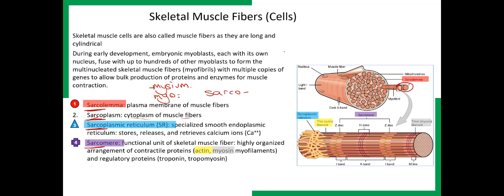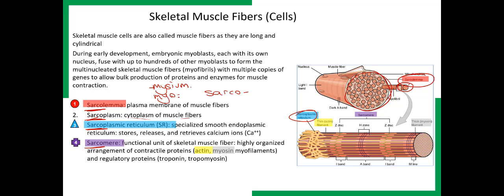You can see the sarcolemma is the plasma membrane surrounding muscle fibers. You can't see the sarcoplasm here, but you can see this network of smooth endoplasmic reticulum, and they help in skeletal muscles. They help to store calcium.